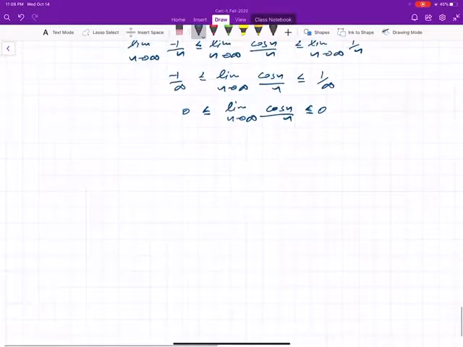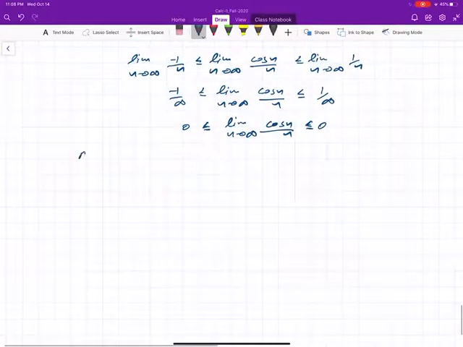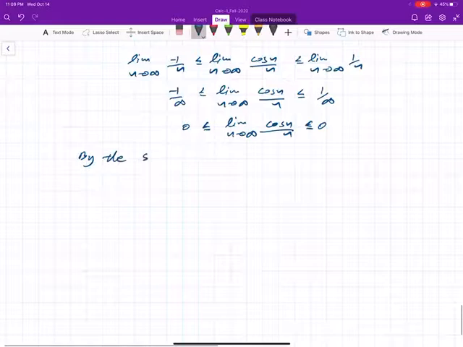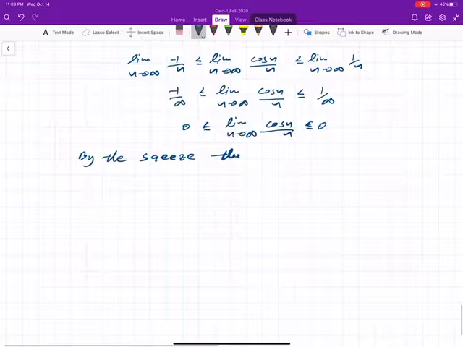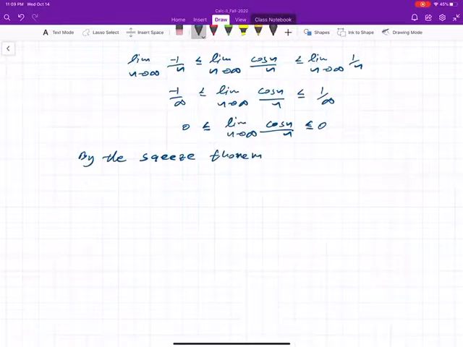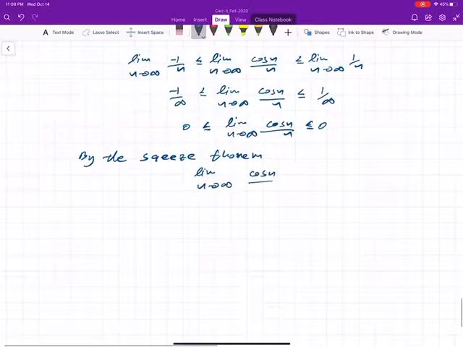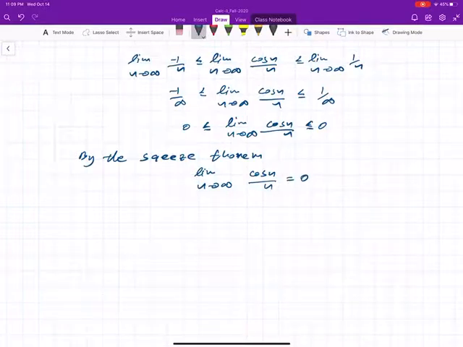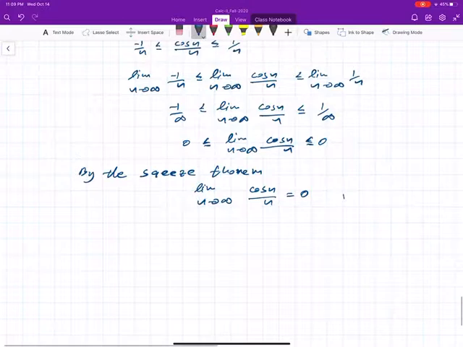Alright, so by the squeeze theorem, you say limit n goes to infinity cos n over n is 0. That means the series converges.